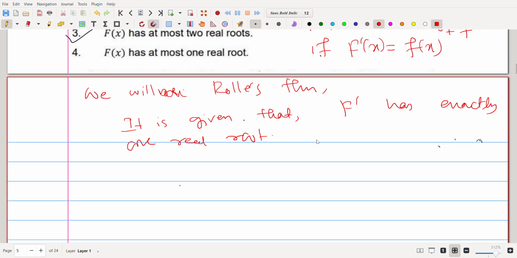So if F prime has exactly one real root, then F can have at most two real roots.